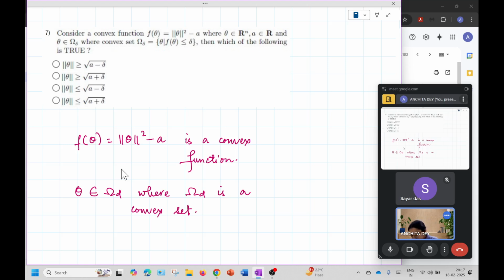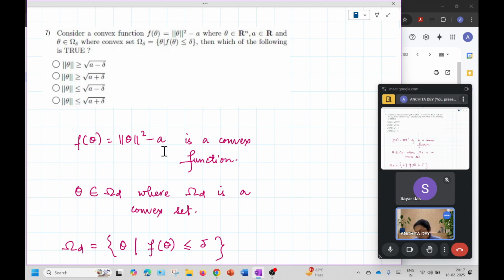Why? Because it's given to you that omega d is defined by theta such that f of theta is less than or equal to delta. And f of theta is also given to you. So which of the following options would be true? Simply put, this question is specific to the set omega d only.